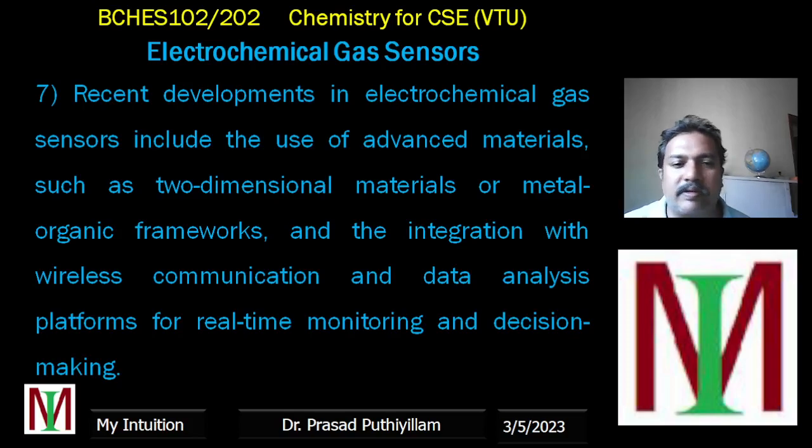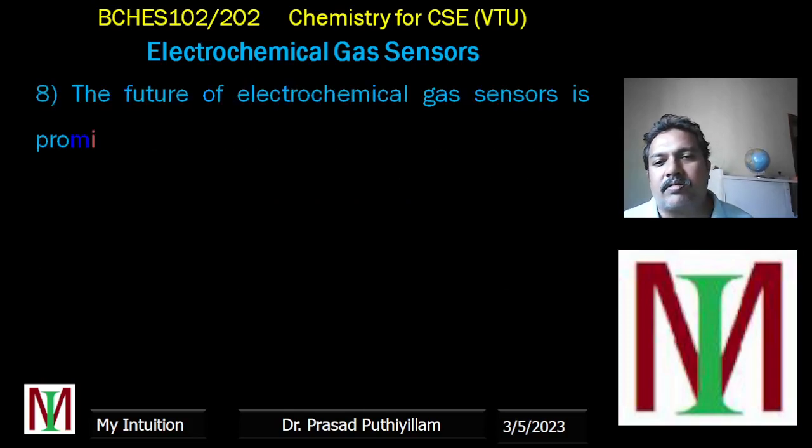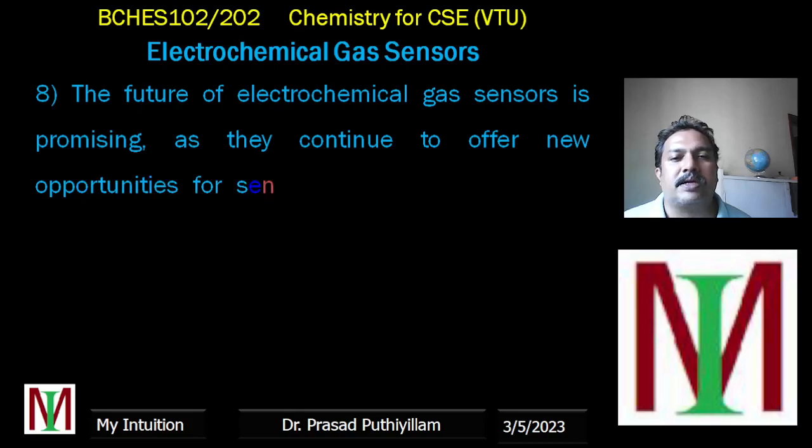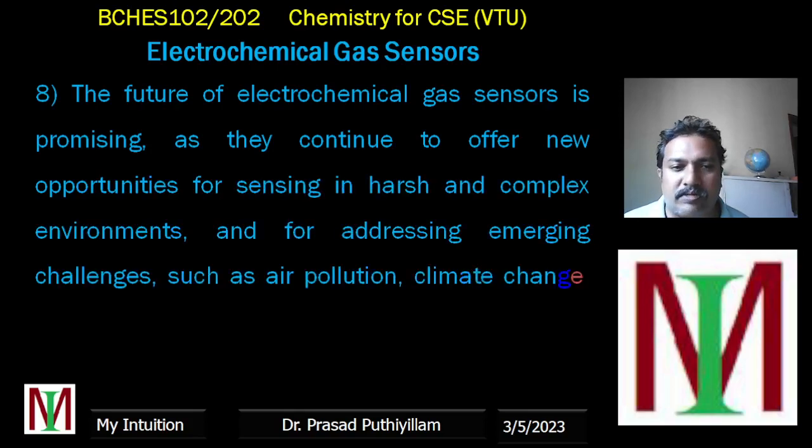Okay, so the new generation can understand what data analysis is and what wireless communication is. Metal organic frameworks I'll explain. The future of electrochemical gas sensors is promising as they continue to offer new opportunities for sensing in harsh and complex environments, and for addressing emerging challenges such as air pollution, climate change, and public health.